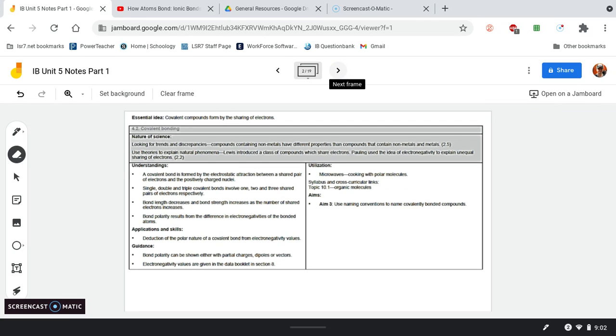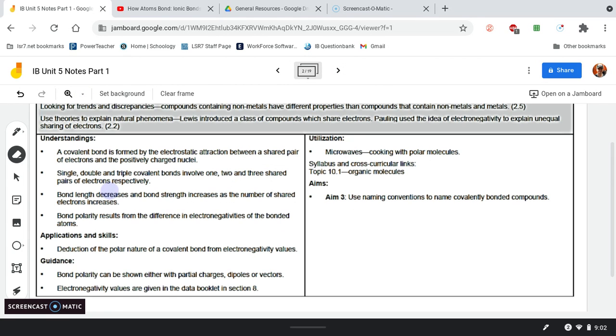Okay, covalent bonding is next, and you would remember this from last year in terms of bonding and then drawing structures.